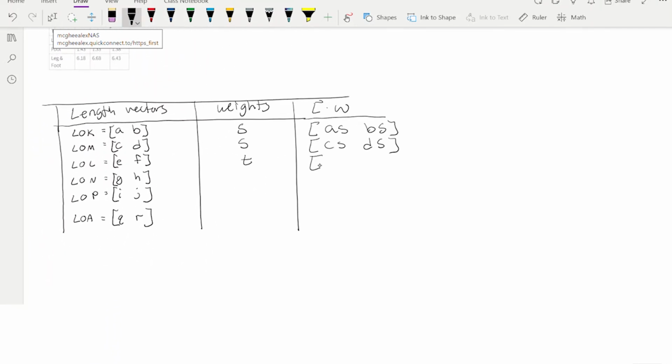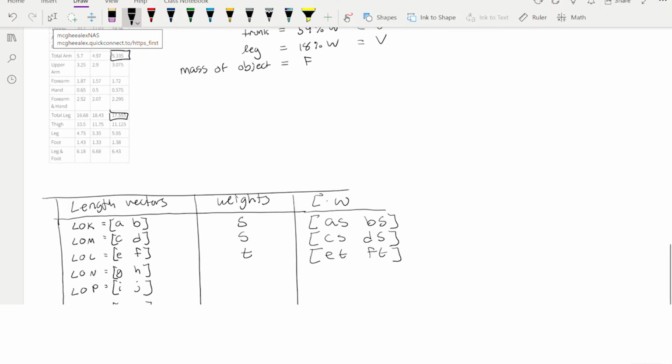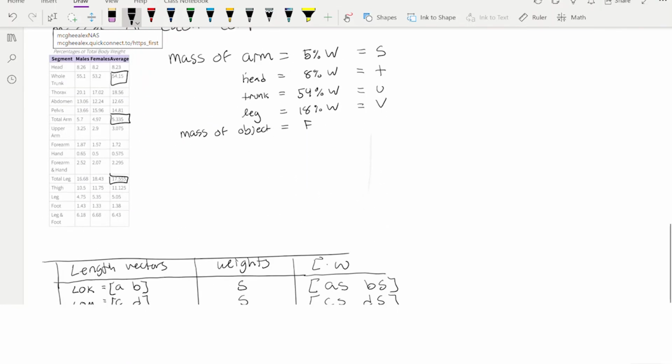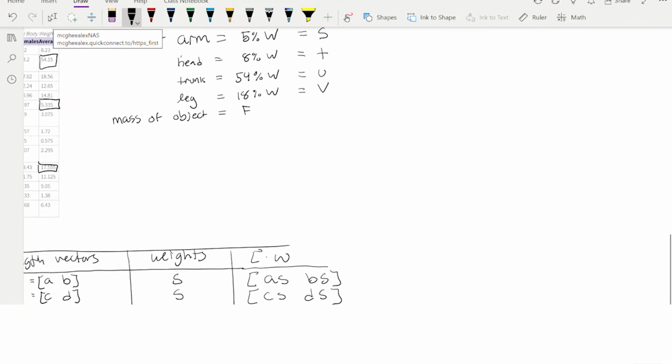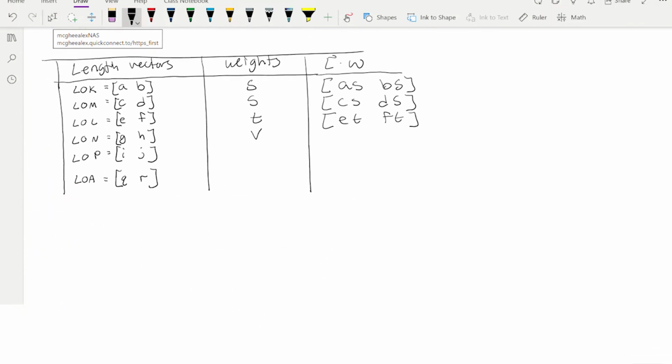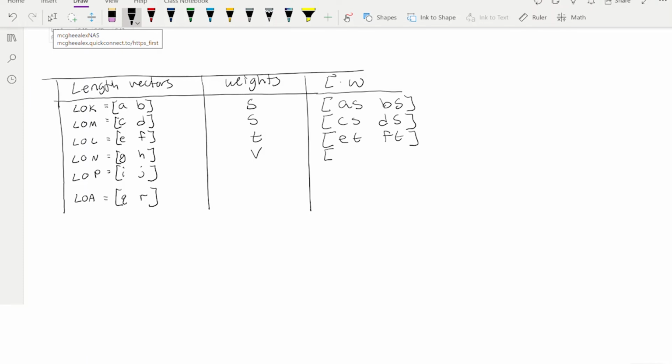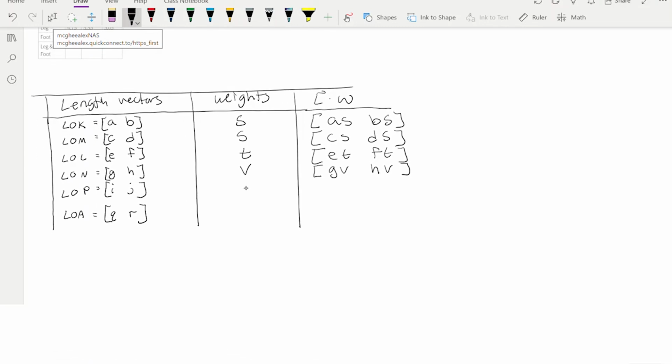N, what do we got for N? It goes to the leg. The leg is going to be V. GV, HV. That's another leg here. IV, JV. And then here's this, this is going to be the force, right?